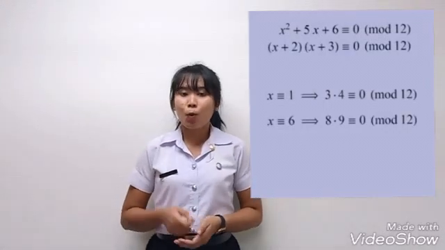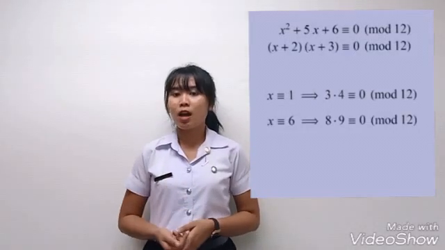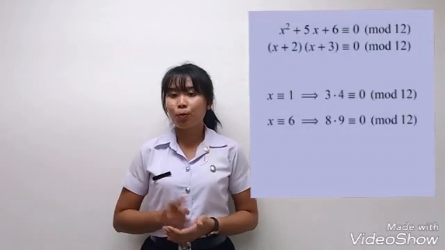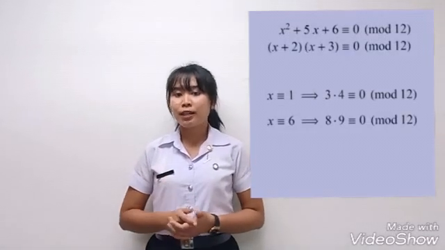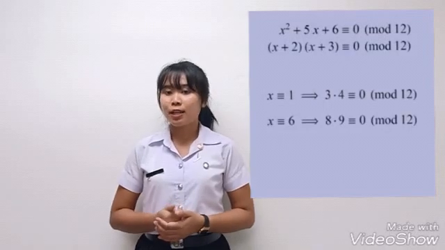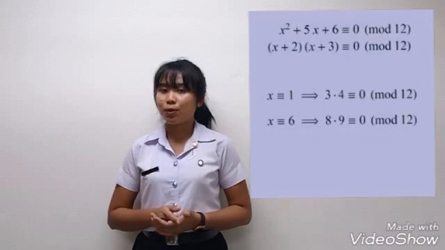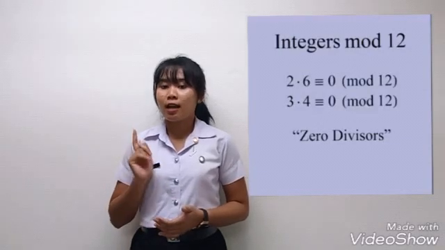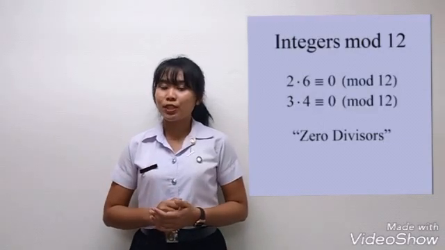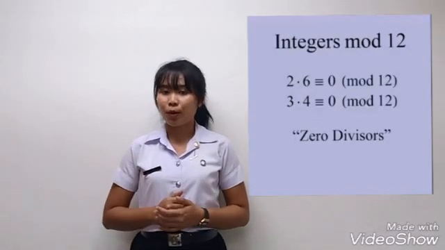But why did we miss the other 2? To see why, look what happened. When we plug in 1, this gives you 3 times 4, which is 0 mod 12, and when you plug in 6, you get 8 times 9, which is also 0 mod 12.